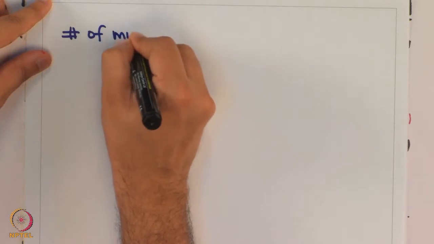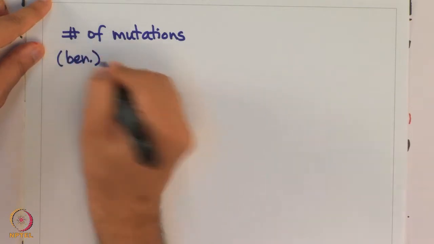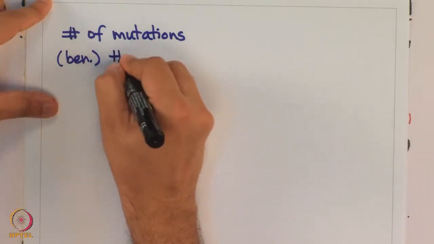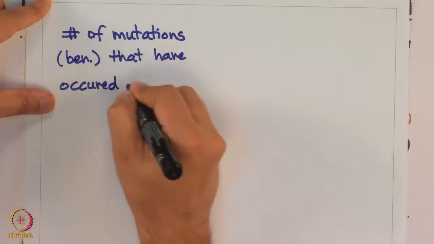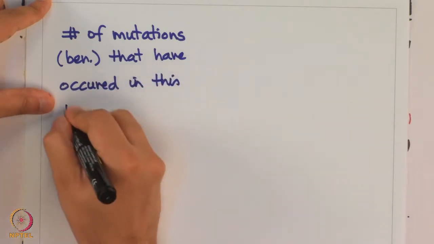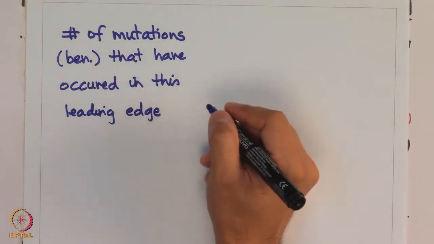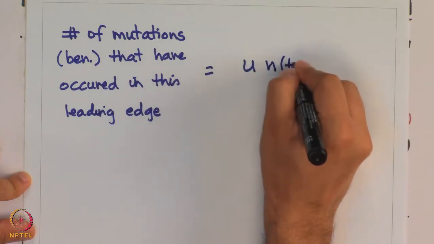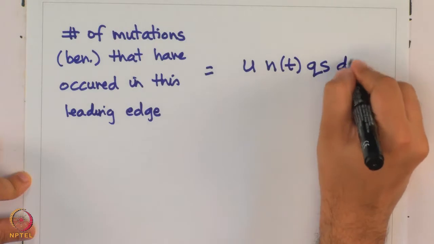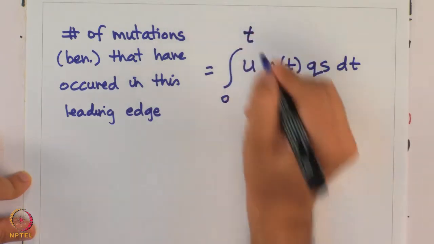So, the number of mutations which are beneficial that have occurred in this leading edge is equal to the integral of U Nt Qs dt from 0 to tau, let us say t.